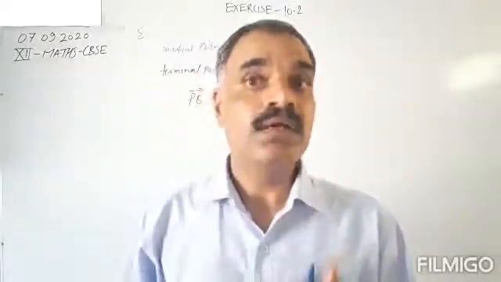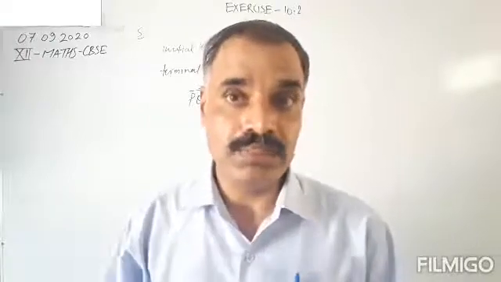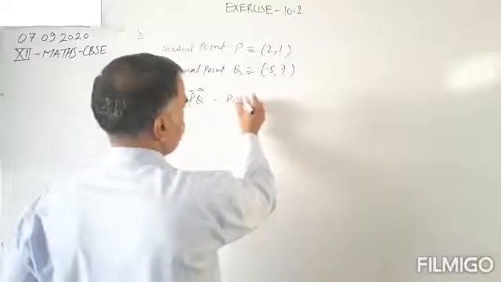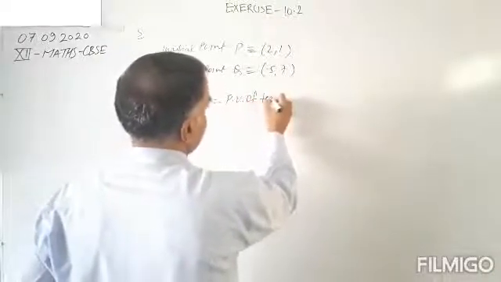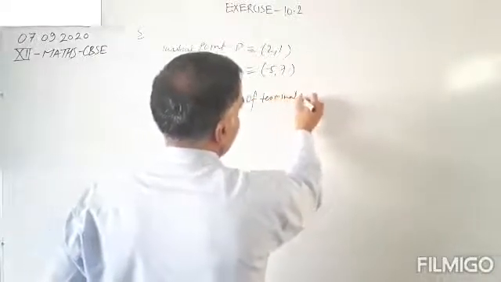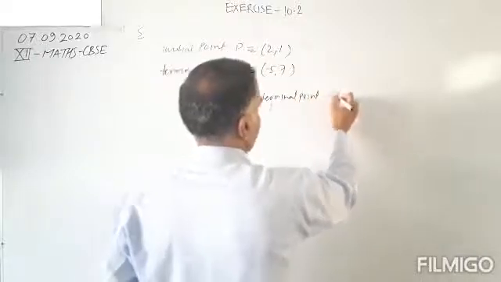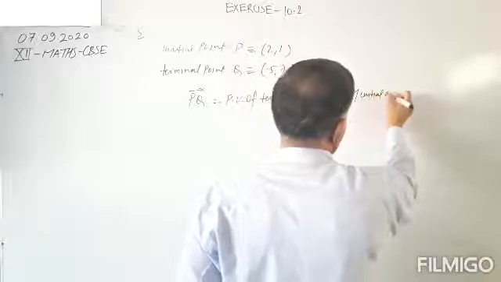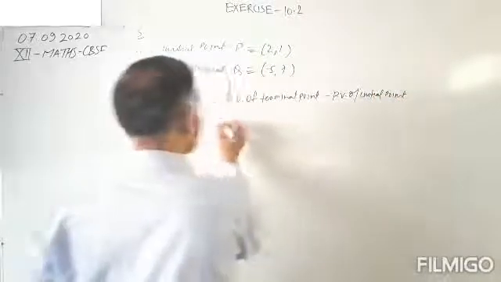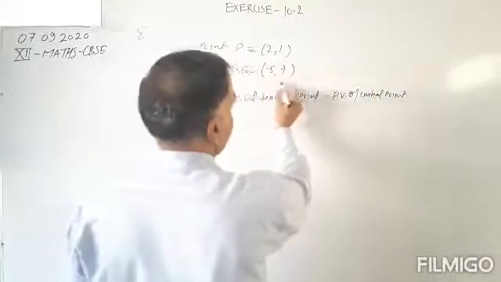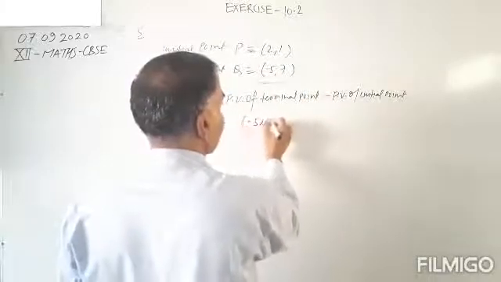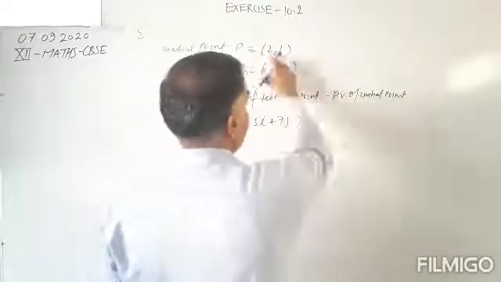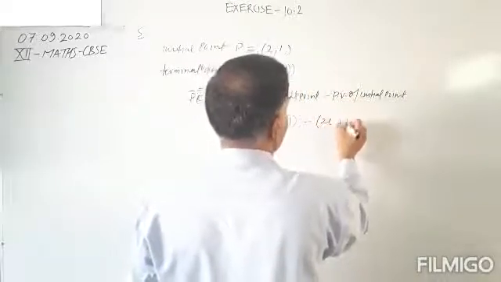Initial point is P and terminal point is Q. That is why the required vector is PQ vector, and PQ vector equals position vector of terminal point minus position vector of initial point. Okay, so terminal point Q is minus 5 i cap plus 7 j cap, minus initial point, that is 2 i cap plus j cap.